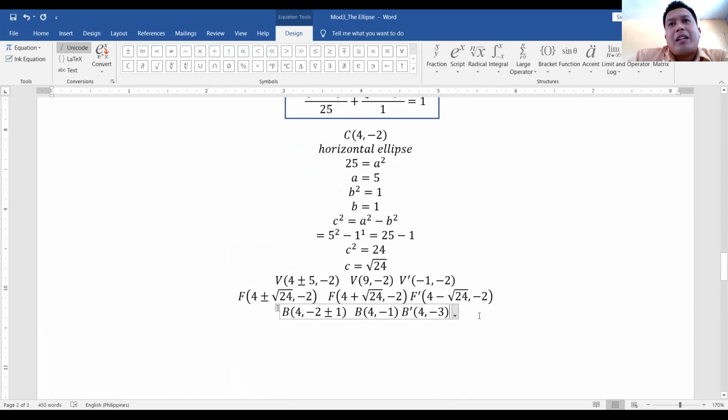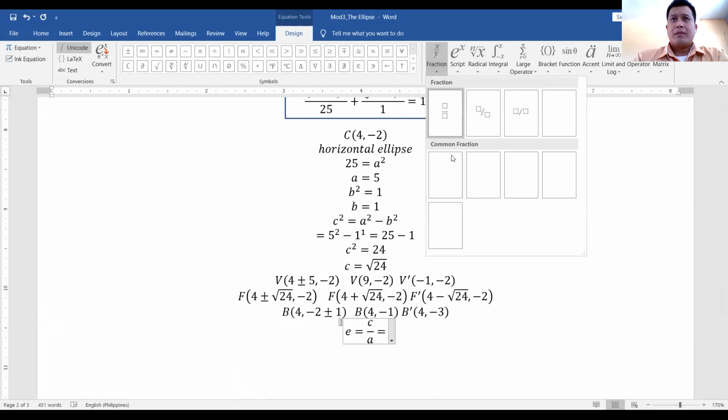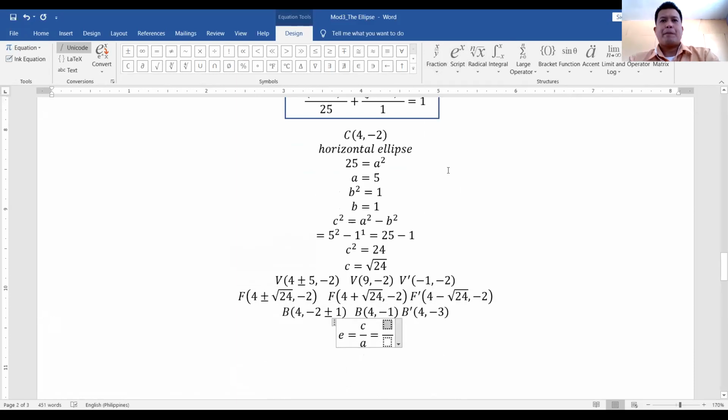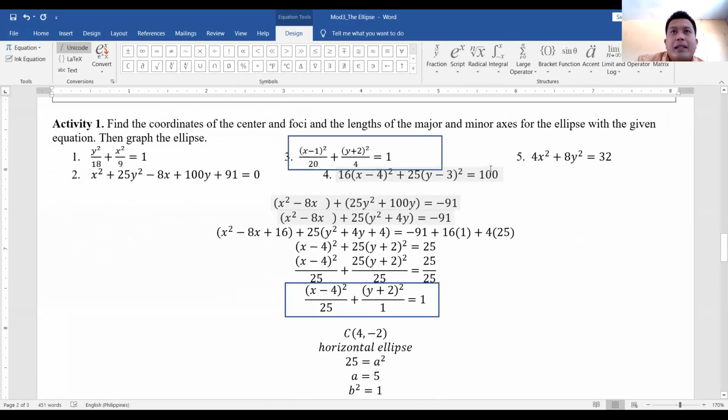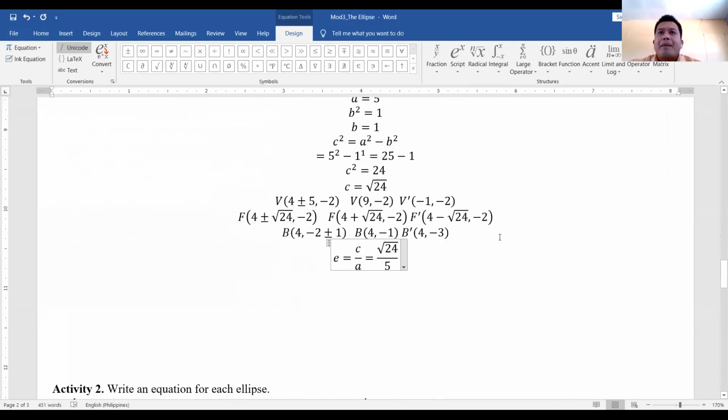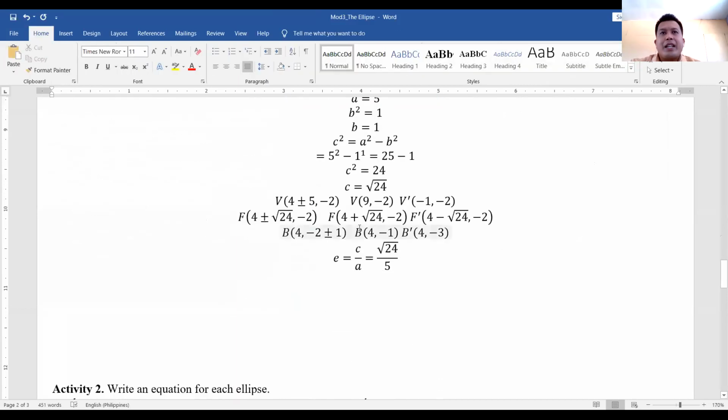And lastly, let's express the eccentricity. It is C over A. So the eccentricity, therefore, is the square root of 24 over 5. What else is lacking here? Okay, so these are your answers, class.